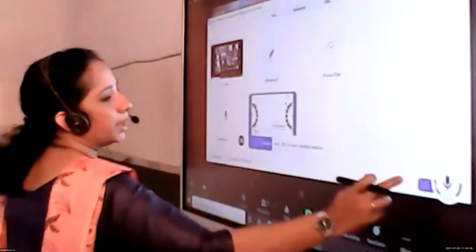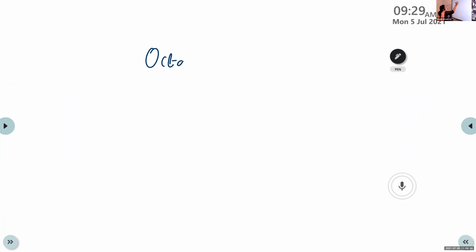So our last conversion is octal to hexadecimal, and the reverse also.